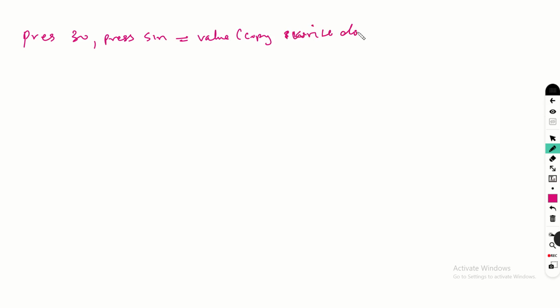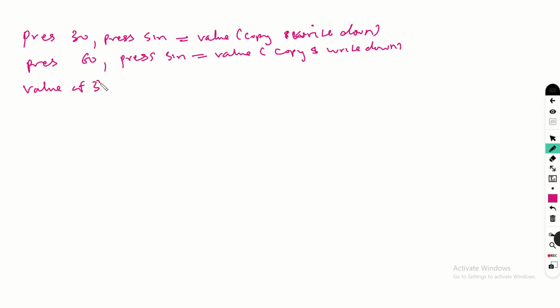Then you press 60, press sine, and you have the value, you copy and write it down. Then you take the value of sine 30, and you divide by the value of sine 60, and then you have that. Something like that.